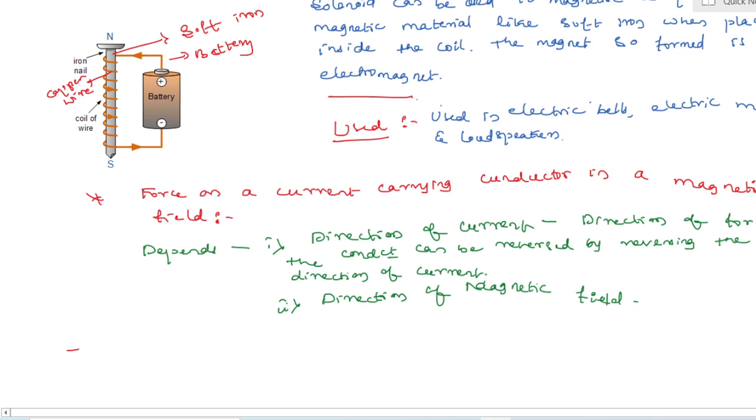Yes, it defines first a direction of current. It means a direction of force on the conductor can be reversed. What happened? The direction of the current is reversed.